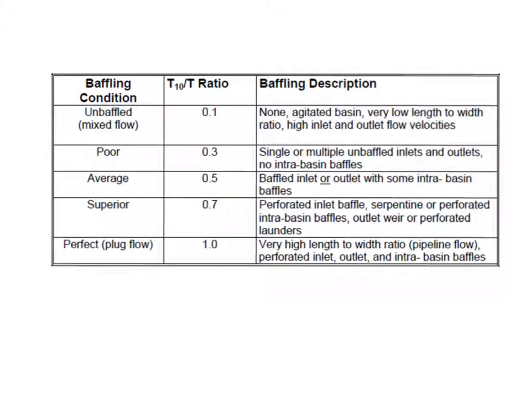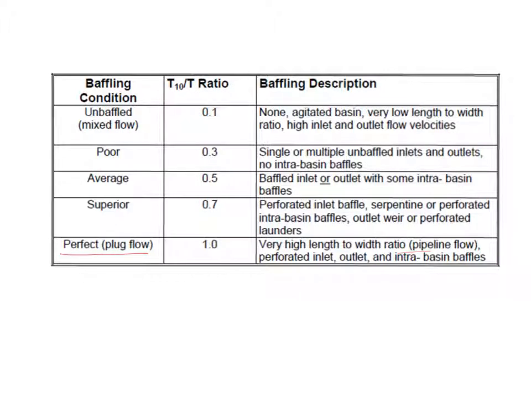Which shows a typical table that you would see of the various baffling conditions over here on the left, the ratio you'd use, the factor you'd use, and then the description. So for example, we said with perfect plug flow, which is very high length to width ratio, very good baffling.